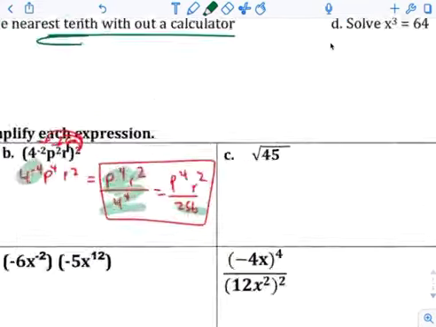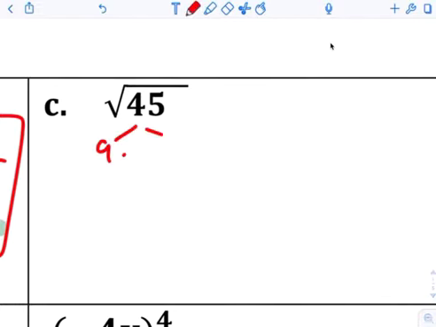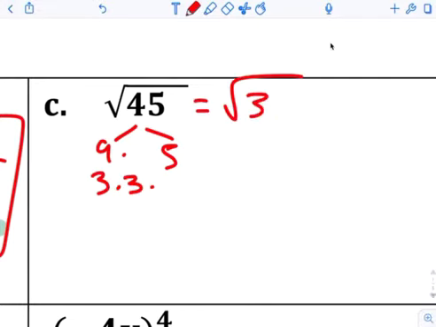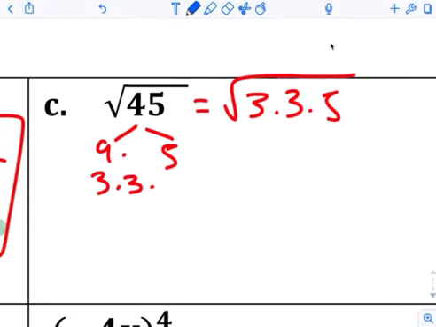Simplify. Simplify does not mean make it to the nearest tenth. That means 9 times 5, 3 times 3, and the square root of 45 is 3 times 3 times 5. You have a pair, 3 that comes out, 3 square root of 5.